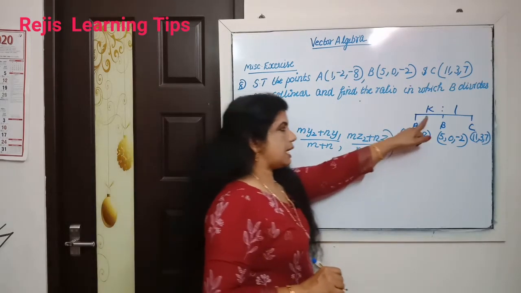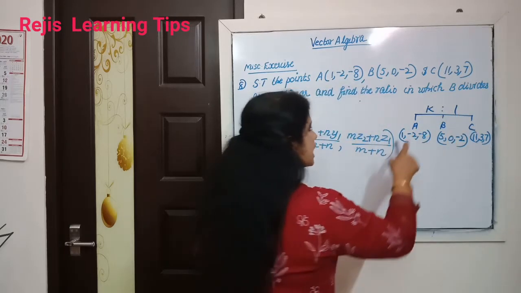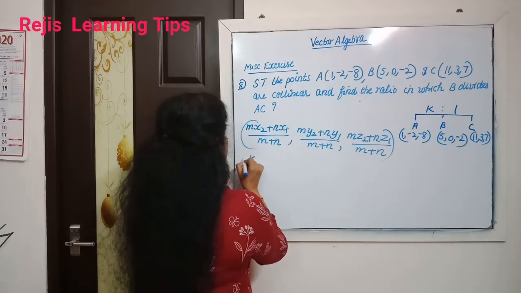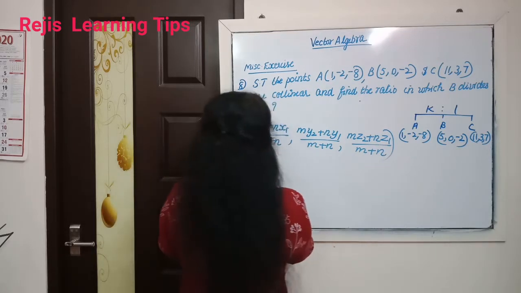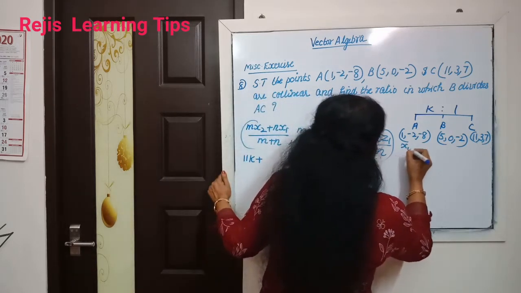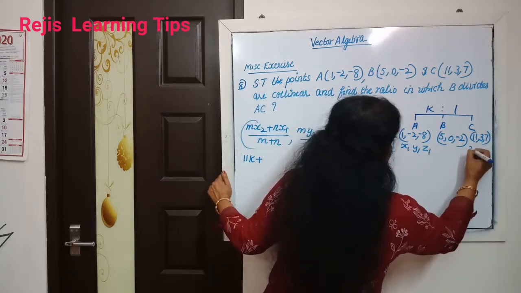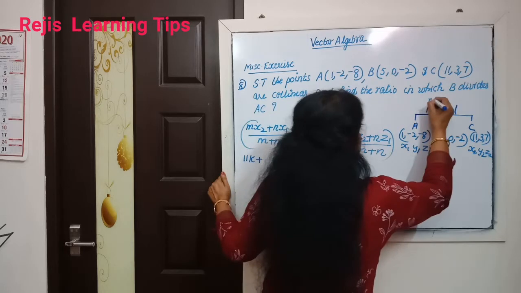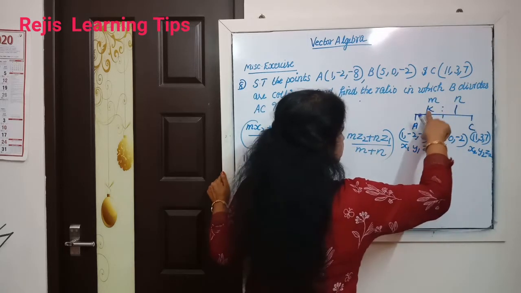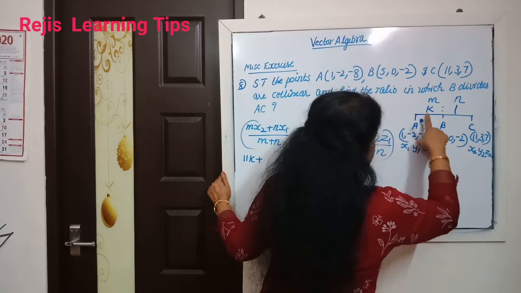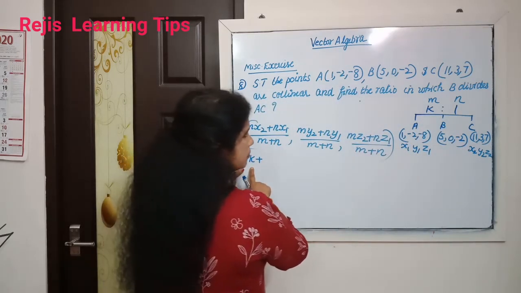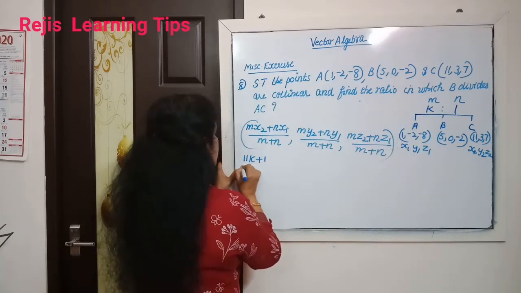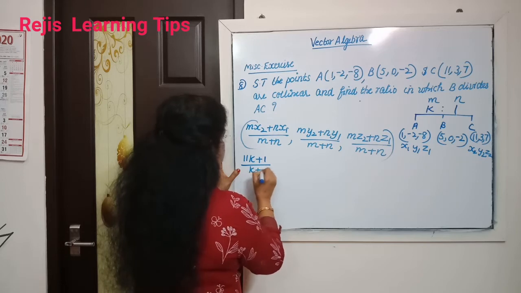Here m means k and n is equal to 1. So we write k into 11, 11k plus this is x1, y1, z1, this is x2, y2, z2, then this is m and this is n. So mx2 means k into 11, that is 11k, plus nx1 means 1 into 1, that is 1, divided by m plus n, that is k plus 1.